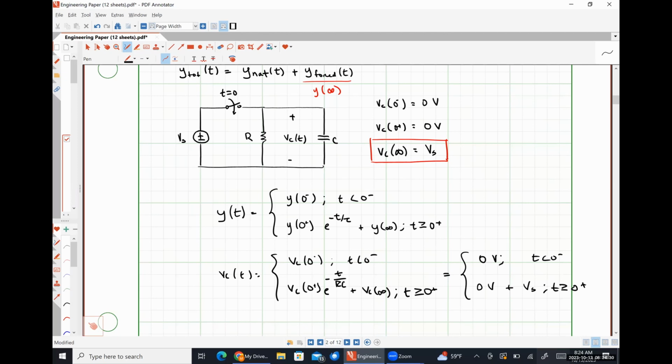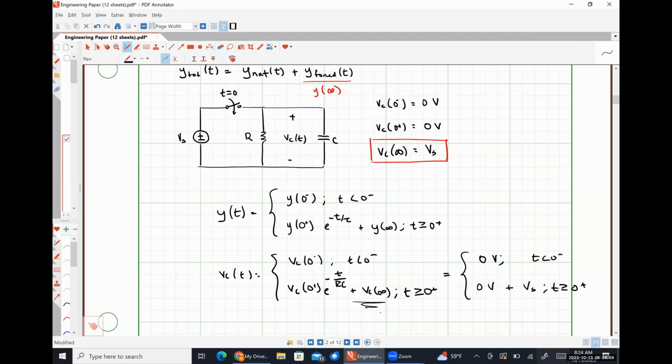What's the problem with this? It's no longer a continuous function. So we need to make a very slight modification to our general equation in order to take into account that our forced response, Vc at infinity, is being applied over all points in time, and it's not really just what this circuit is settling to as time progresses.